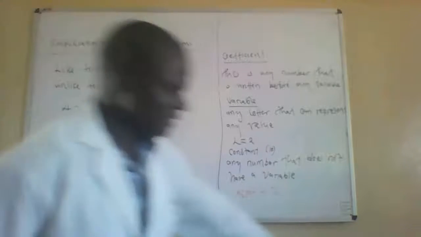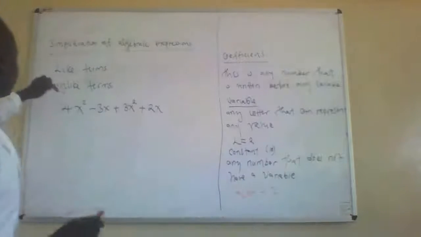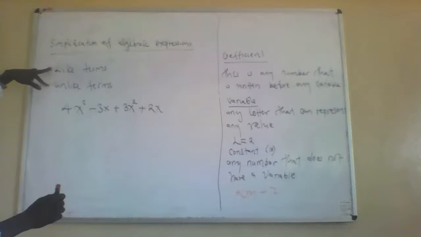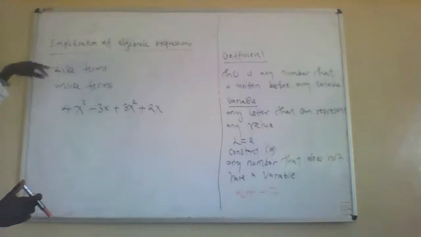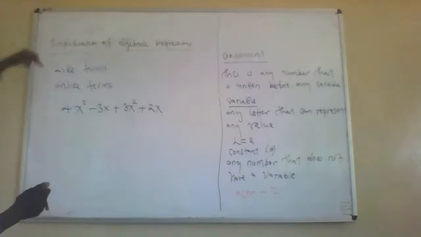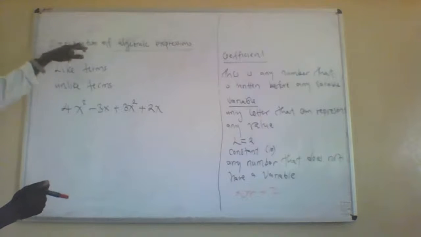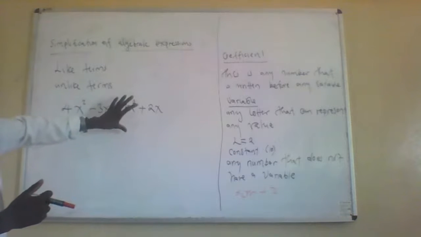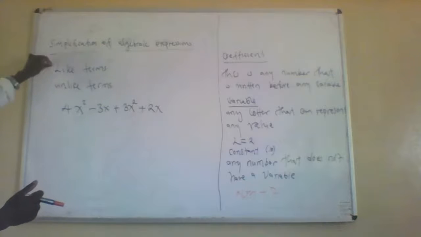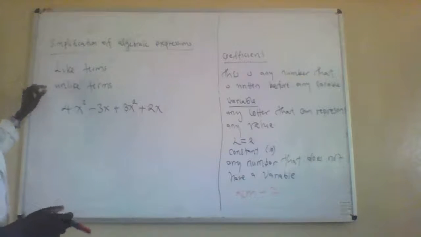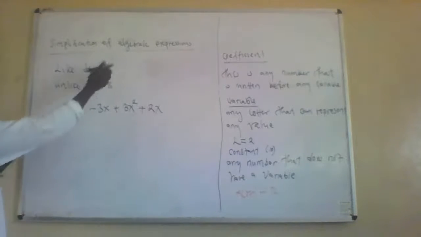Now, from this simple example, we're saying these two items are very important, like terms as well as unlike terms. When you start looking at the simplification of these algebraic expressions, we're going to rely much on the like terms as well as the unlike terms. What did I say about like terms?